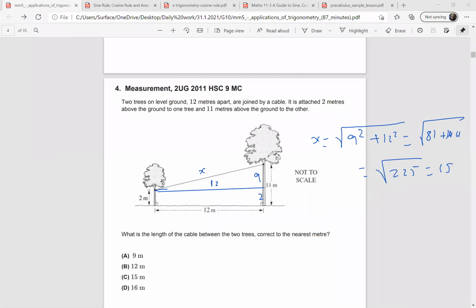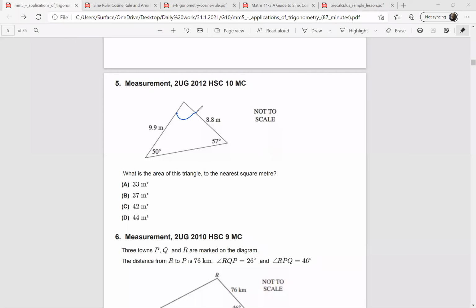Okay, number 5. The third angle. What is the third angle? The third angle will be 180 minus 50 plus 57, which is 73. Okay. And what about this side? The x over sine 73.